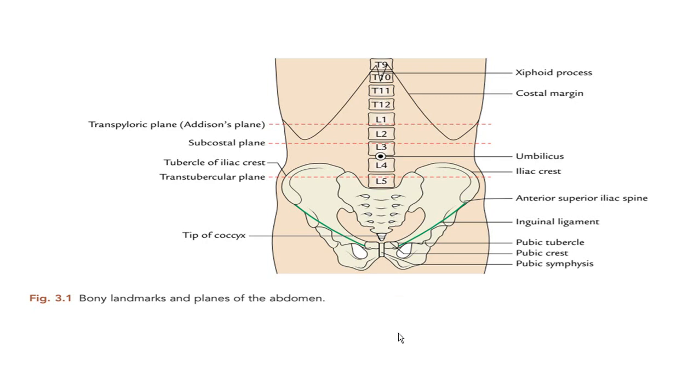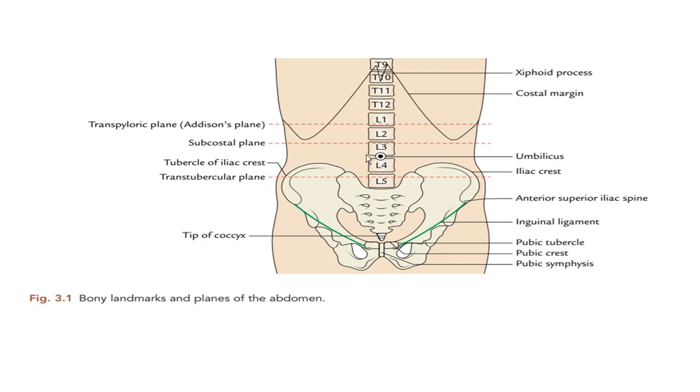And how about the soft tissue landmarks? One of the soft tissue landmarks of the anterior abdominal wall is the umbilicus.